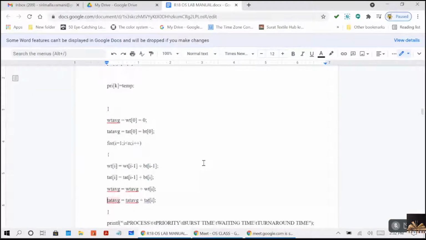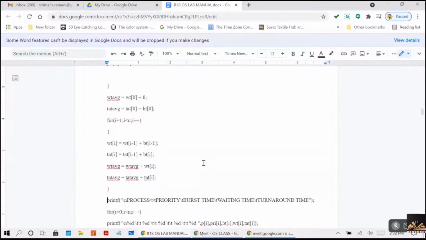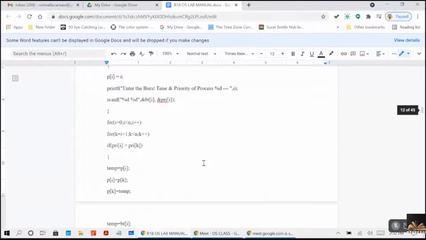Here you have to first arrange the jobs in the ascending order of their priorities. Once you have done that, everything is like your first program only. So here, after taking the terms and the IDs, I am checking the priorities.